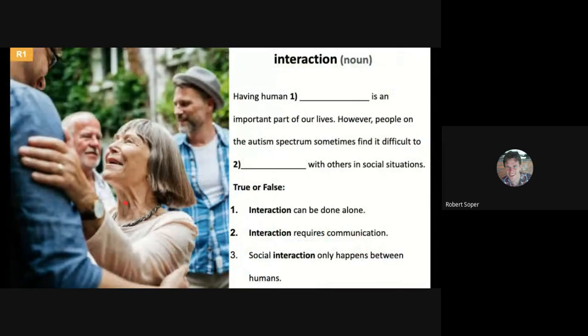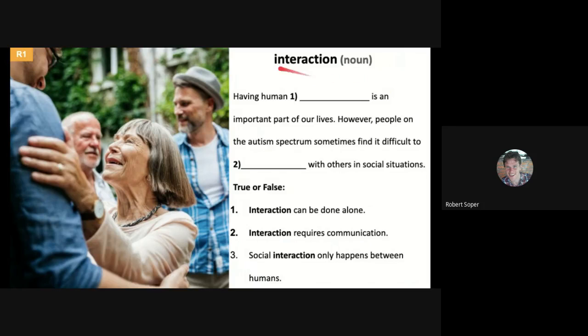Okay, let's go back to doing what we were doing a while ago, but now we're going to use the word interaction. Interaction is being introduced to us here as a noun, but it may have a verb or an adjective or even an adverb form. I want you to think about that. I'm not going to say what it is until I'm giving the answers.